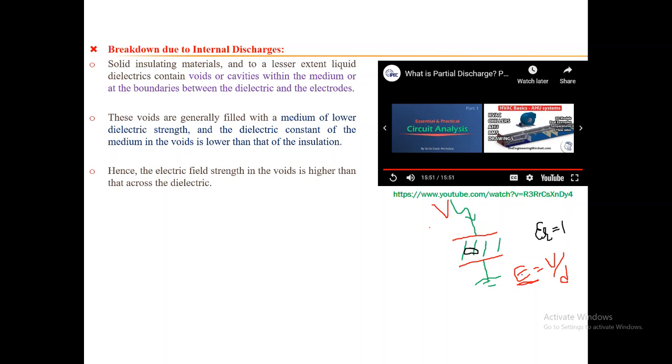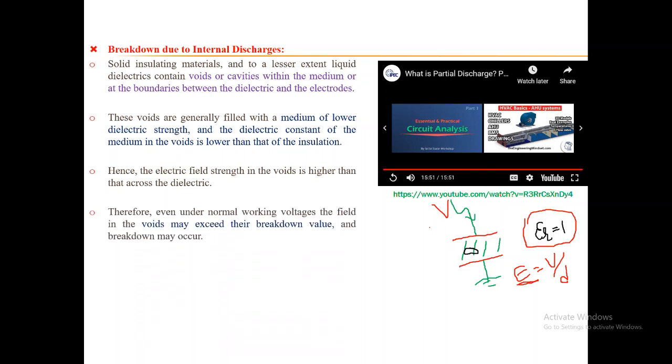So we can eventually consider that because of the lower dielectric strength, lower dielectric constant and the narrow dimensions of this void, the electric field intensity or the potential gradient at this void is very high as compared to the potential gradient or field intensity which one can observe in this healthy portion. So even under the normal working voltage, the field across the void may exceed its breakdown voltage value.